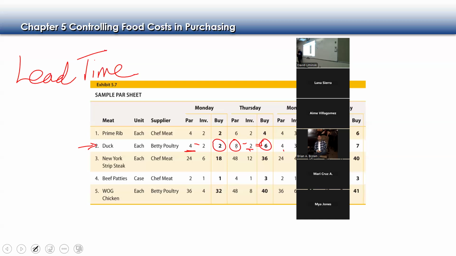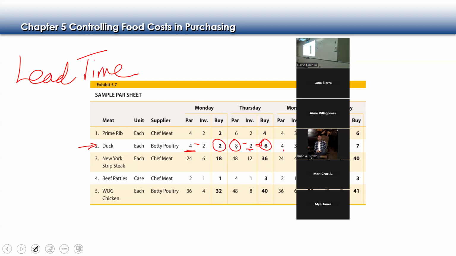So when I take into consideration my ordering, remember, when that truck drives away, we want to be up to par. And so we have to take into consideration this lead time and the amount of product that we use in this lead time in order to make sure that when that truck drives away, we are back up to par. Okay?